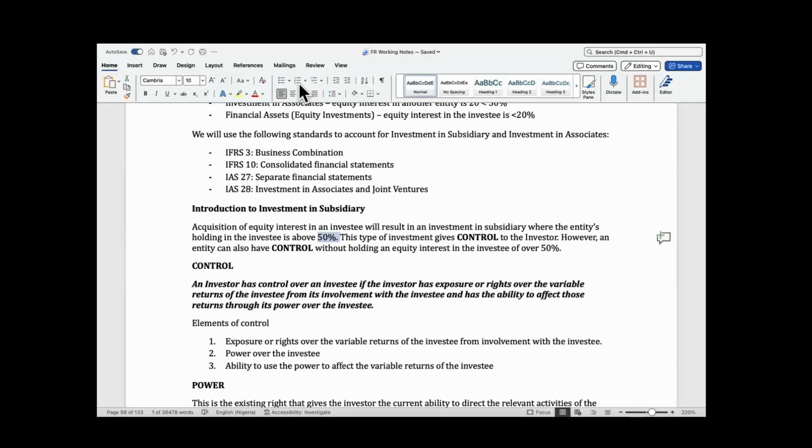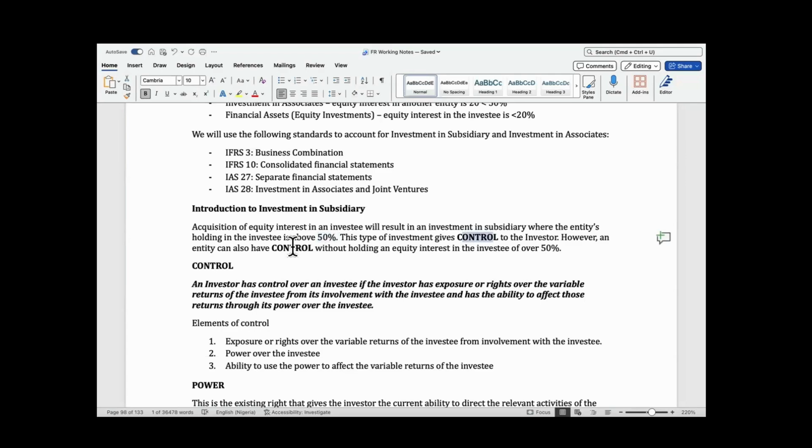As I was saying, when you have investment in subsidiary, it simply means that your holding is above 50%. And what that gives you is control. It gives control to the investor, of course, over the investee.